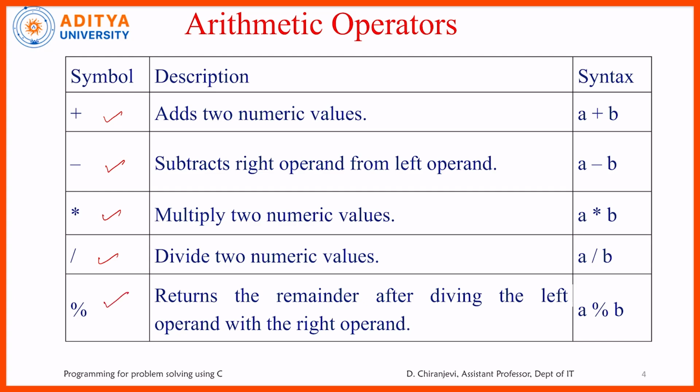The syntax is a plus b, a minus b, a multiplication b, a division b, a modulus b. The difference between division and modulus is if you perform a by b, the quotient will be the result of division, and the remainder is the result of the modulus operation.